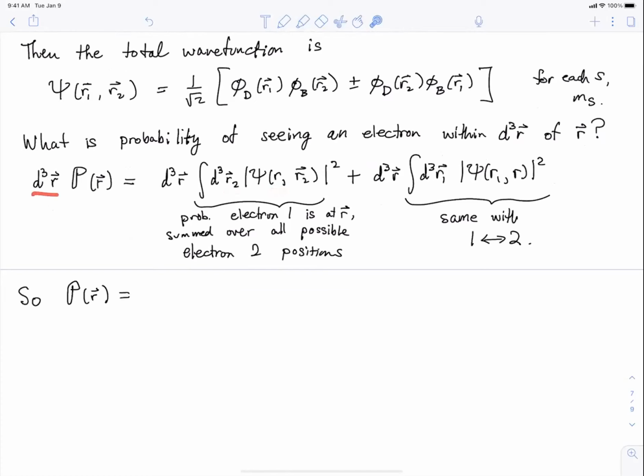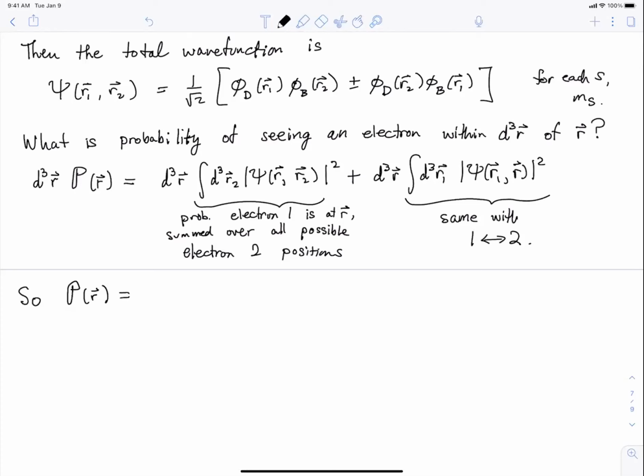And notice I'm dropping the D3R everywhere because I just want the probability density. Professor? Yes. So the R is not a vector? Oh, I left my harpoons off some of these. Sorry, got in a hurry. Yes, they're all vectors. Thank you.